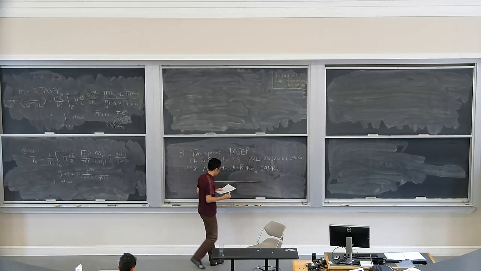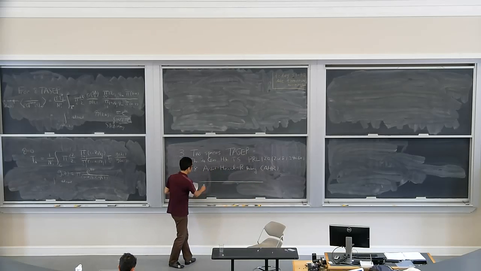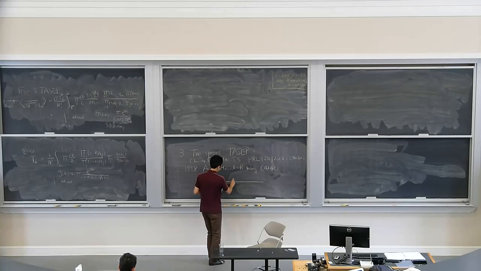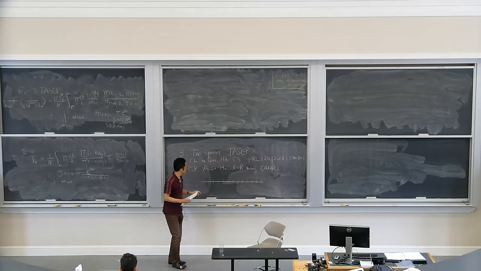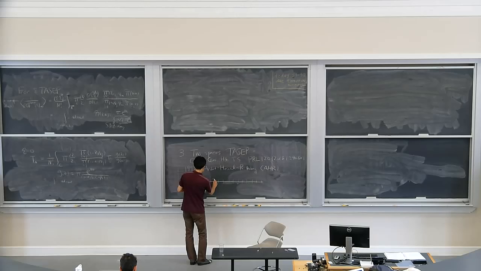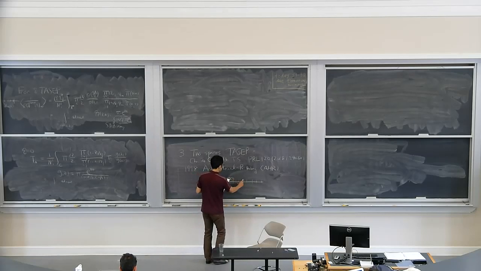Again, this is a one-dimensional exclusion process on Z. So this is the exclusion process: on each lattice site there could be only one particle. Now we have two species of particles, which we call plus and minus particles. They are distributed in some way.